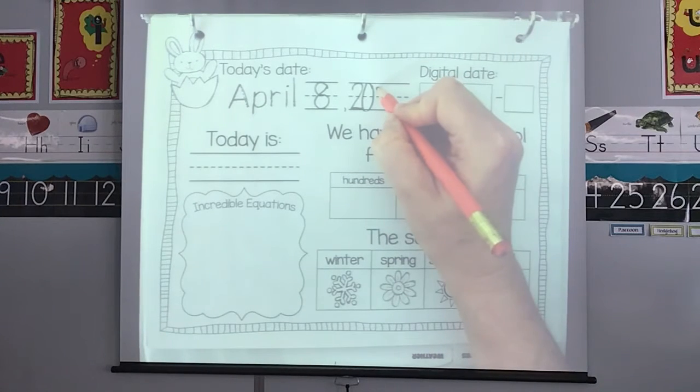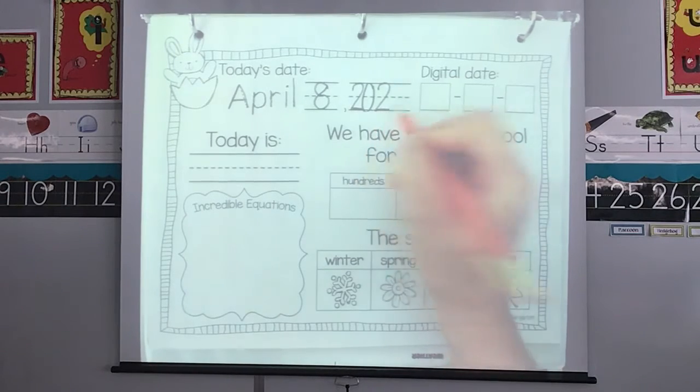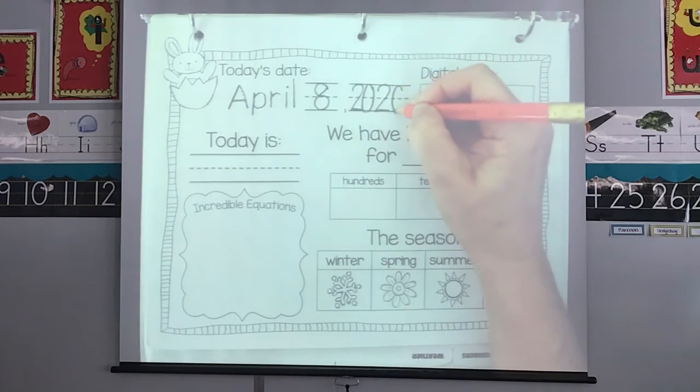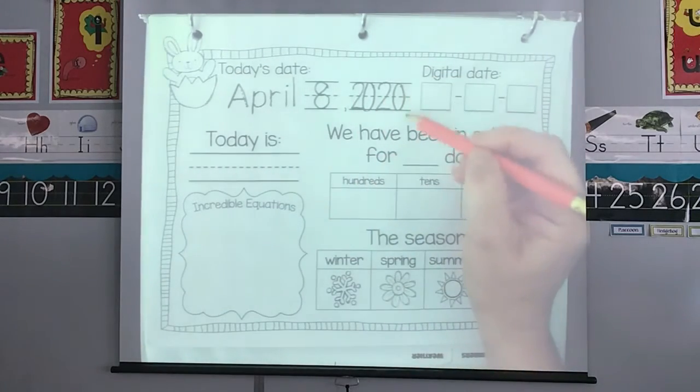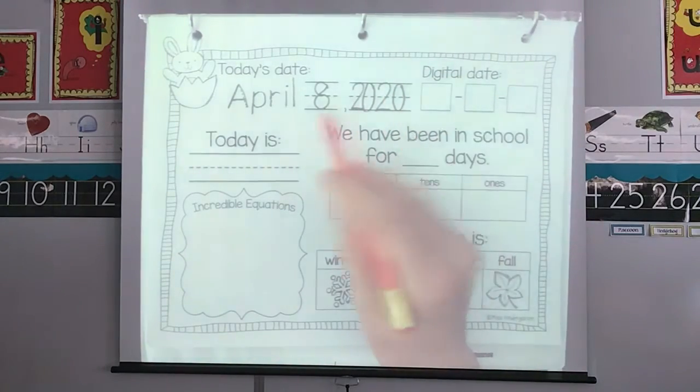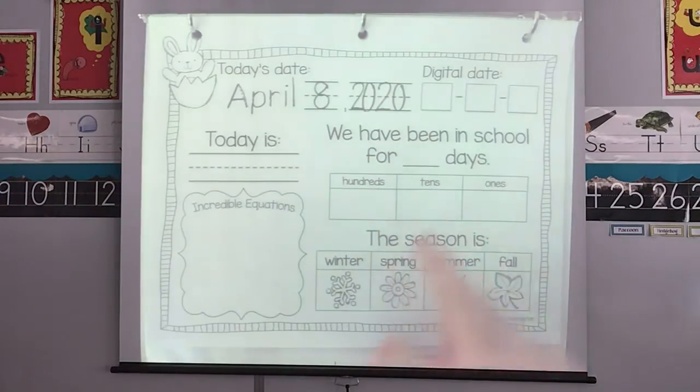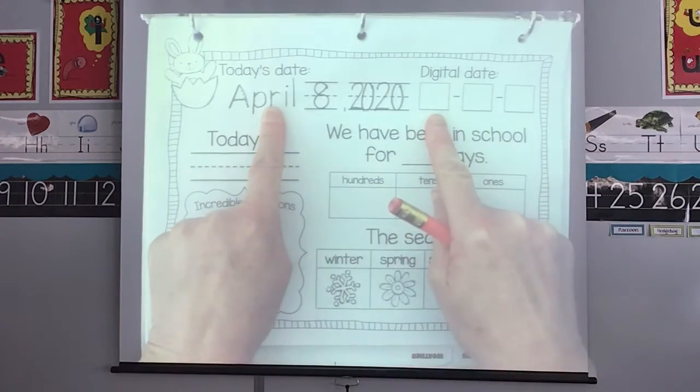Then another 2, start just below the top, reach up and touch, hook, angle down, slide right, and 0, the hero. Make sure your numbers are filling your space, top to bottom, and left to right, nice and neat. So we've got April.